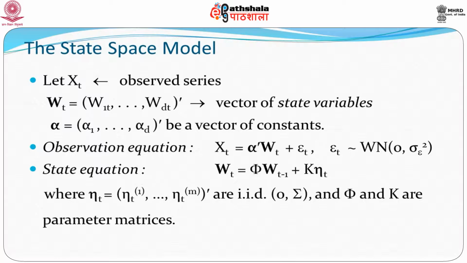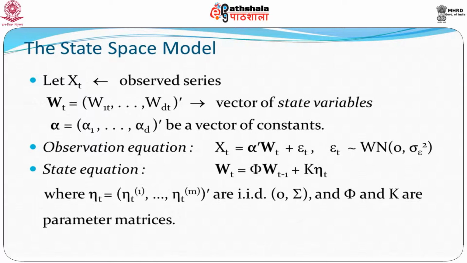To estimate the parameters of the state space model, let us very quickly go through the model itself. So, we have xt, which is the observed series, and we have d state variables, which are w1t to wdt, which we write as a vector wt. Alpha is the vector of constants, and using this we write the observation equation as xt is equal to alpha prime wt plus epsilon t, where epsilon t are the model errors, which are white noise with 0 mean, and variance sigma epsilon square.